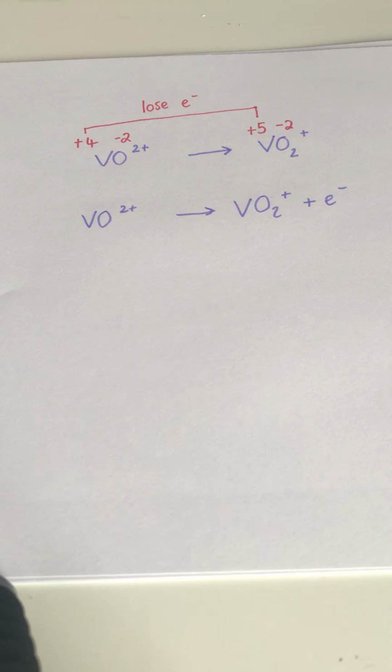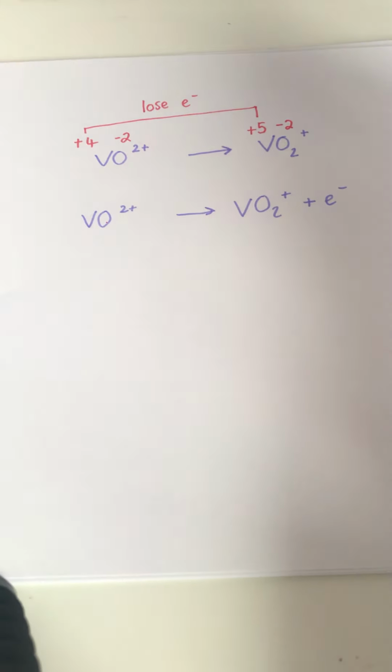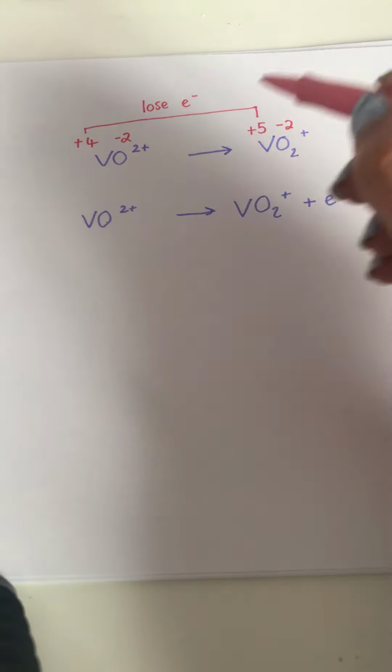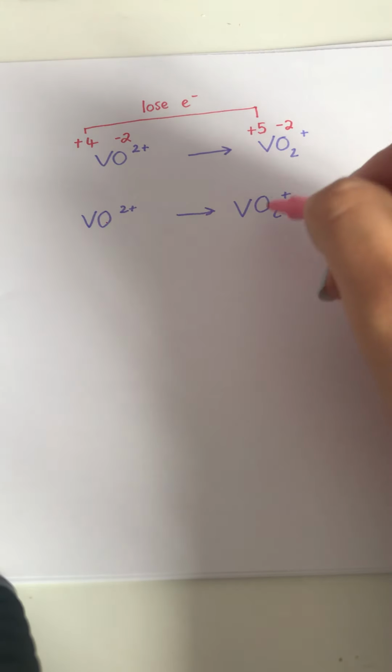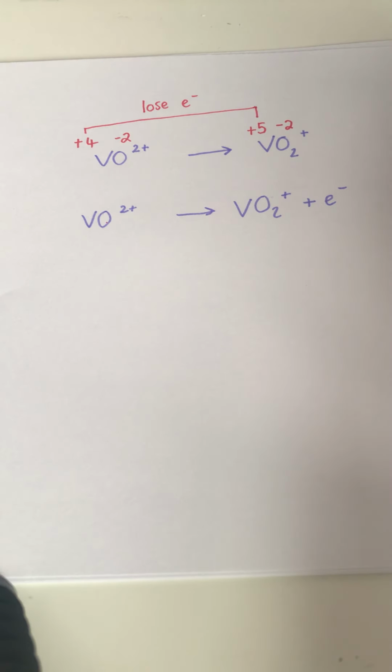Now, this is all well and good, but I haven't yet balanced the oxygens. So the next thing I need to think about is how I'm going to do that. Now, if I have oxygens in my compounds, I'm going to balance these with waters. So I can see that I've got 1 atom of oxygen on the left and 2 atoms of oxygen on the right.